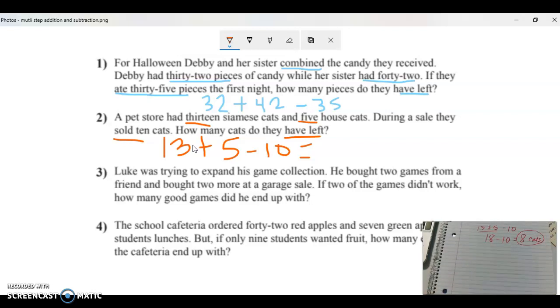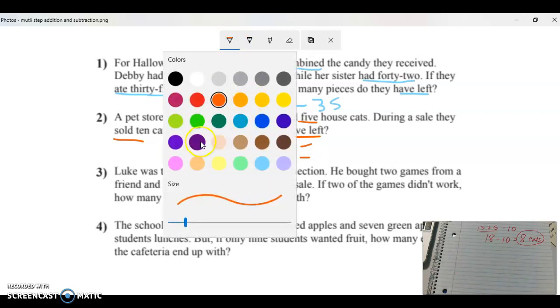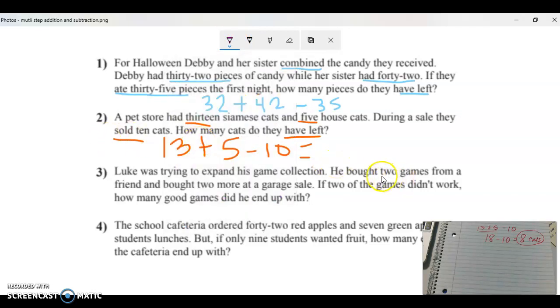Number 3. Luke is trying to expand his game collection. He bought 2 games from a friend, 2 more at a garage sale. If 2 of the games didn't work, how many good games did he end up with?